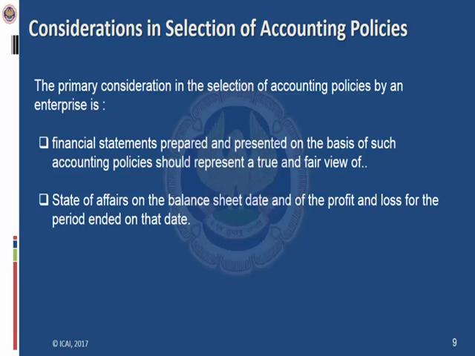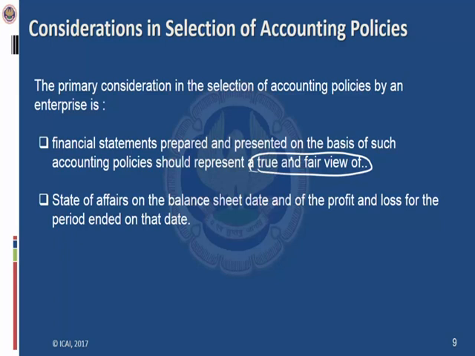So the primary consideration in the selection or finalization of accounting policies by an entity is that the financial statement prepared and presented on the basis of such accounting policies should represent a true and fair picture.